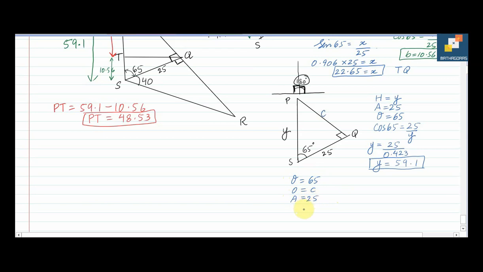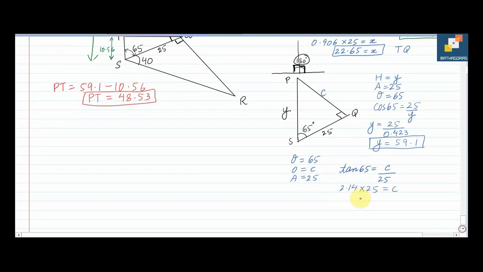Now opposite and adjacent comes in tan, so tan 65 is equals to opposite divided by adjacent, right? The value of tan 65 is 2.14, times 25 is equals to C. So if you multiply it by 25, C is 53.6 centimeter.